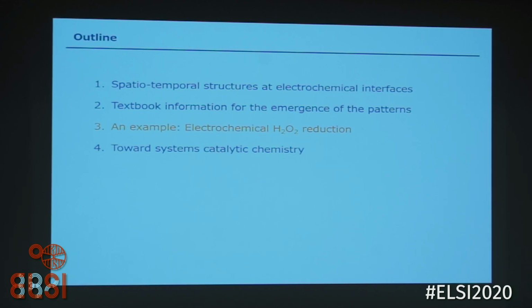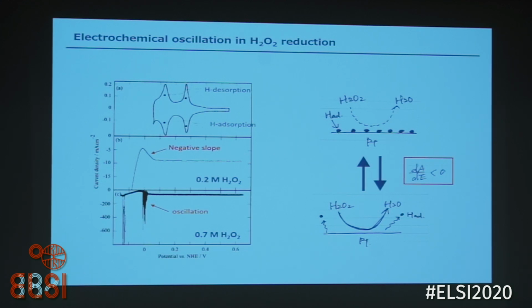So the above explanation is a kind of general abstract. So let me give you a concrete example. That is again the reduction of hydrogen peroxide. Hydrogen peroxide reduction on platinum is very active. However, platinum is also active for adsorbing atomic hydrogen.